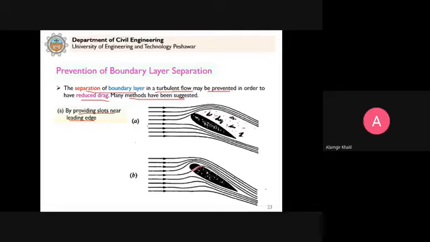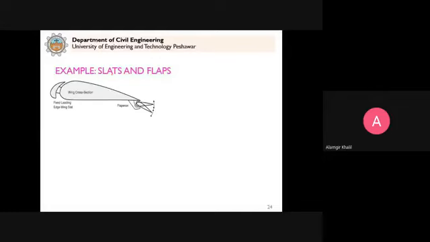So this is one of the methods that we can avoid the boundary layer separation, because boundary layer separation increases the drag force. And this is what we can observe and is done in aeroplane wings. For example, we have slats and flaps. This is a slat, clear, and these are flaps that are provided on the wings of aeroplane.